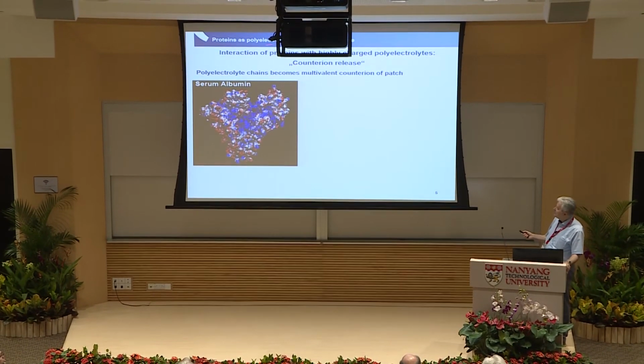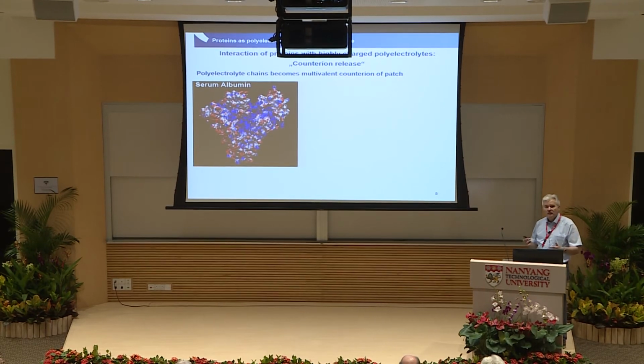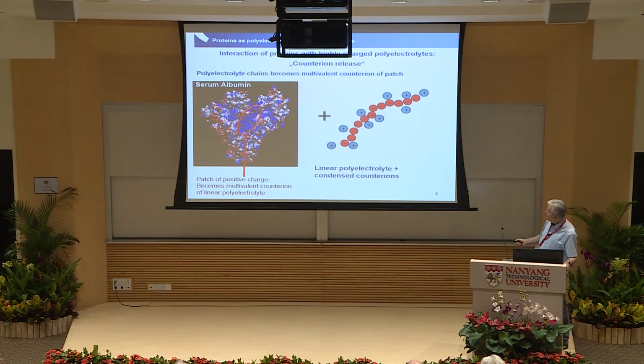Now, there is one thing which is, I believe, central to all this business. If you talk about interaction of proteins and polyelectrolytes, this is counter-ion release. So we make a very simple Gedanken experiment. We take this blue patch of positive charge. Then we take a polyacrylic acid or some negatively charged linear polyelectrolyte with the condensed counter ions, and we mix it.